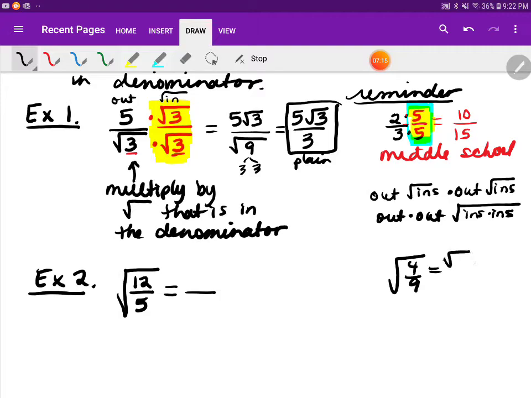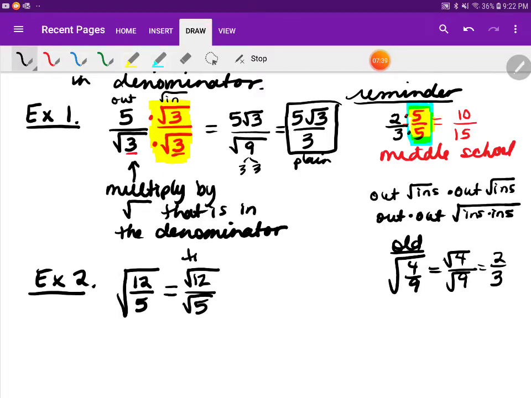We square rooted the 4, and we square rooted the 9, which would have been 2/3. So this is old. So what do we do on this one, the one that we're working on? So square root the 12 and square root the 5.